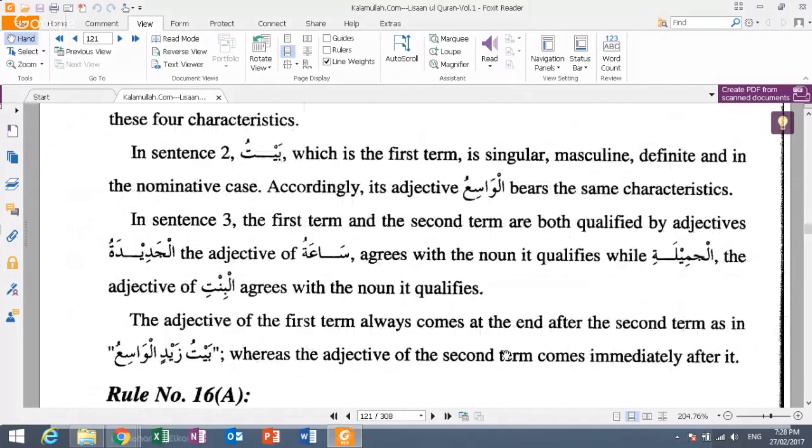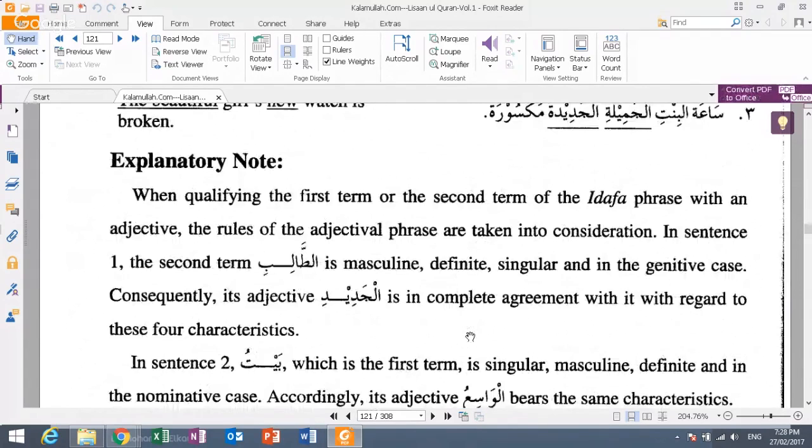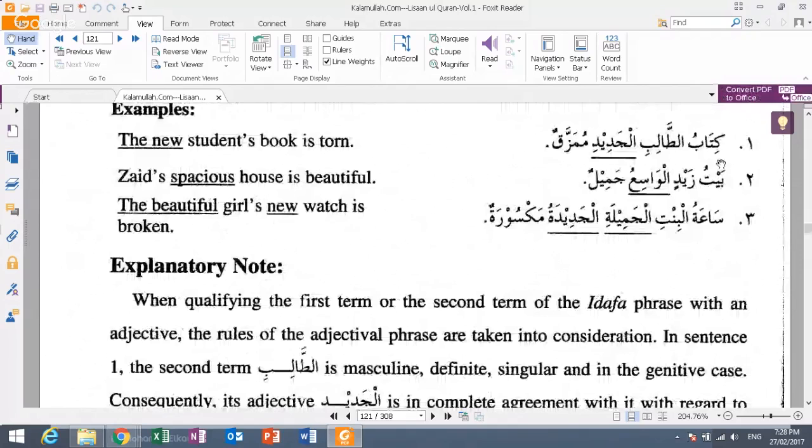Okay, everything you have to follow accordingly. The adjective of the first term always comes at the end after the second term, as in Baytu Zaydil Wasi'u, whereas the adjective of the second term comes immediately after it. Okay, just again here. So this mudaf and mudaf ilayh become mawsuf and then al-wasi'u sifat. Understand this?